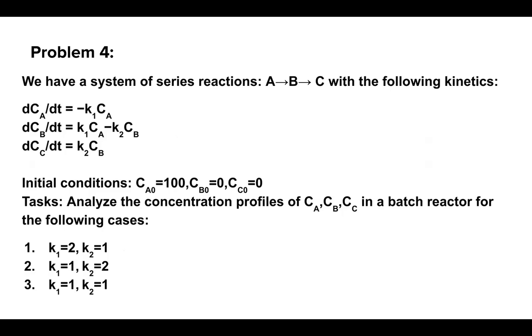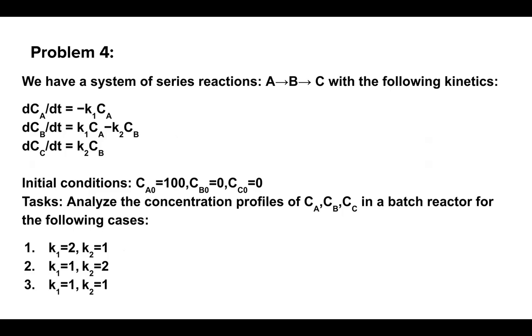For this, you'll have to use MATLAB. So I'll just read the question for you and I'll try to give you small hints. We have a system where there is a series reaction, A giving B, B giving C. And there are three equations governing the concentration of Ca, Cb, and Cc. The equations are given to you. The initial condition is that when your system begins, your CA0 is 100. The rest of the concentrations are 0, 0.